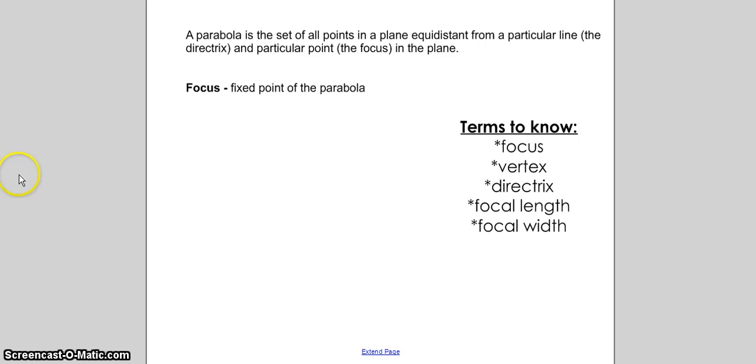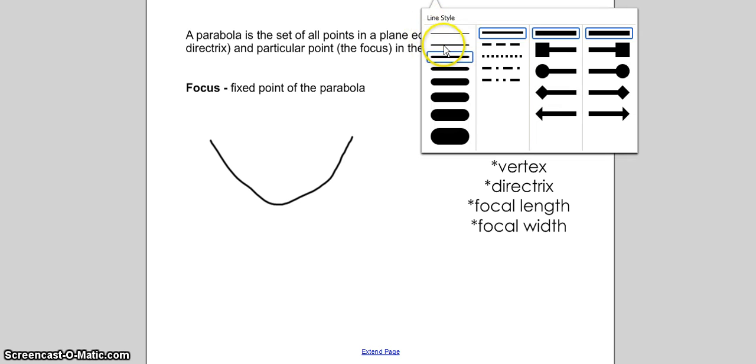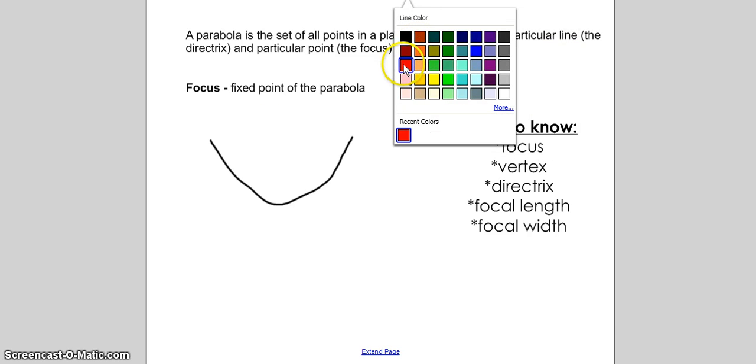So if I just start off with a really simple, nice parabola, on that parabola you're going to have something called the focal axis as well. The focal axis is an important axis. We're going to think of it like the axis of symmetry from way back in geometry. We'll make it red.